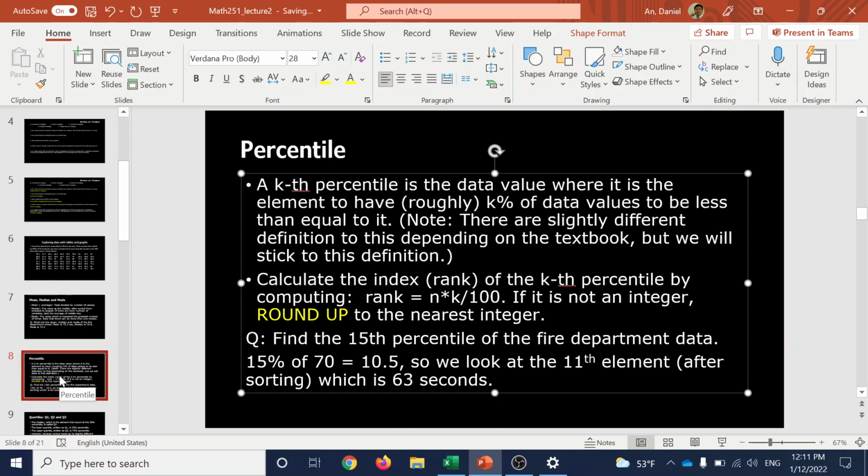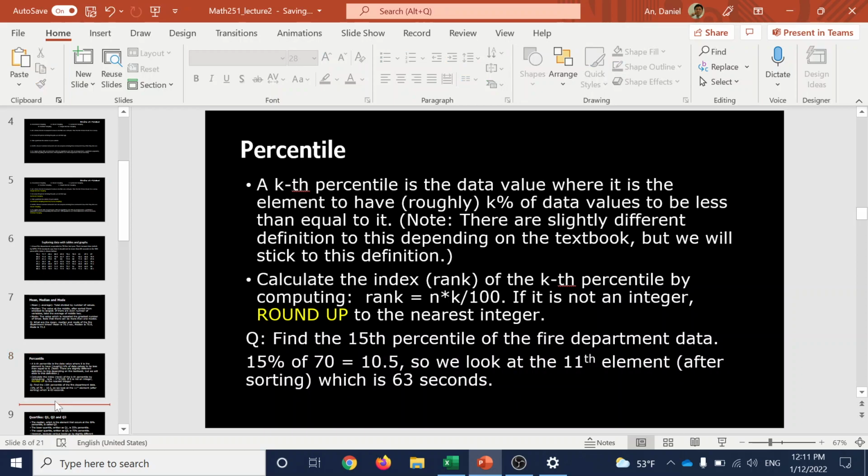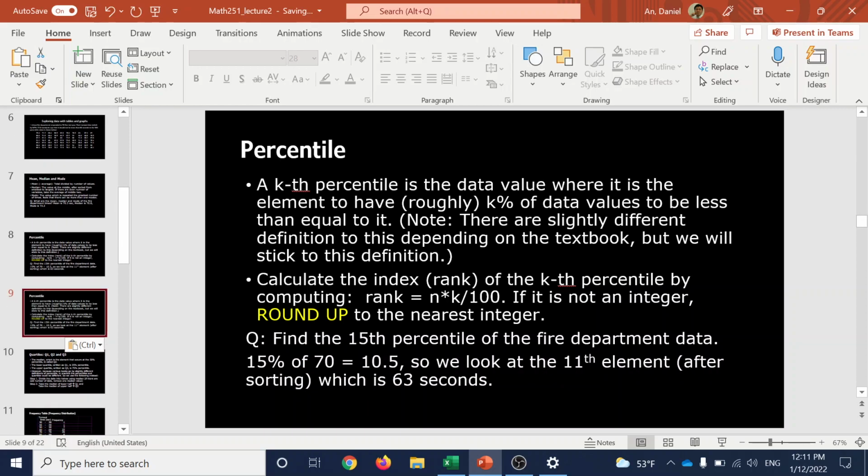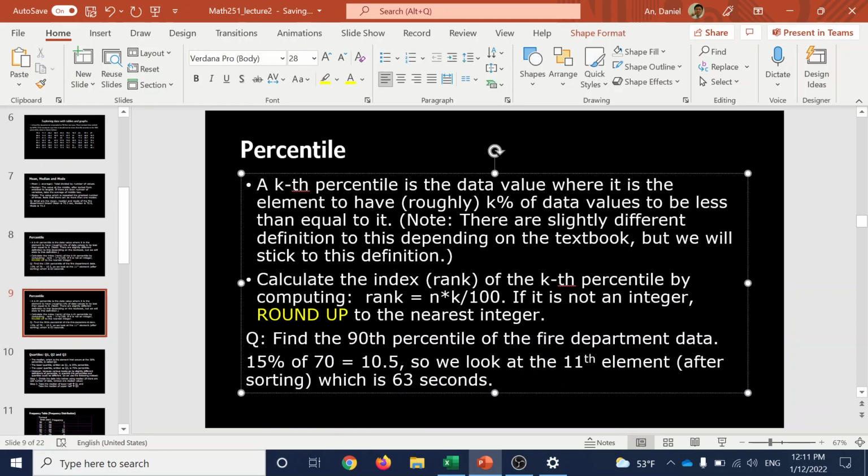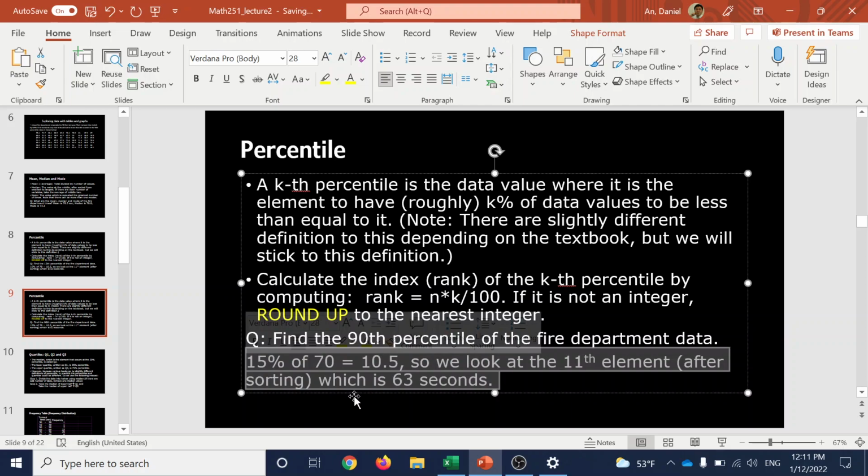Now, earlier on in the beginning, I said it's important that the 90th percentile should be 80 or below, right? So let's change this question now to the 90th percentile. Let me give you some time to think about what's the rank number for the 90th percentile for this data. 63, right?